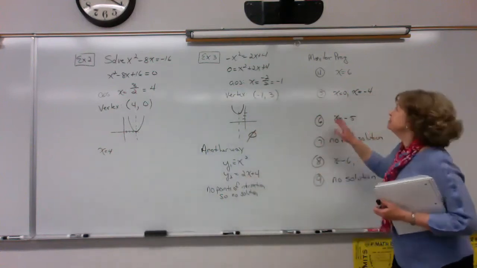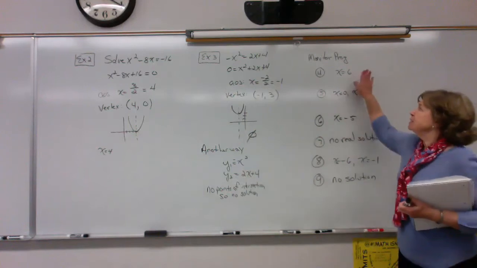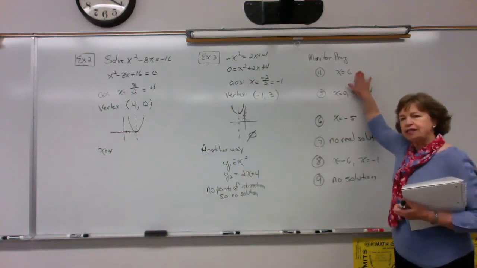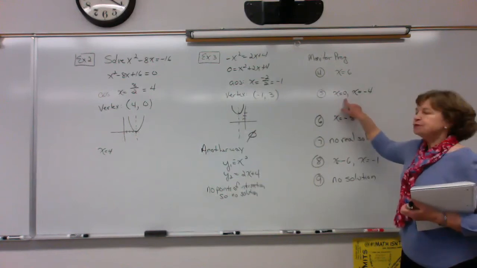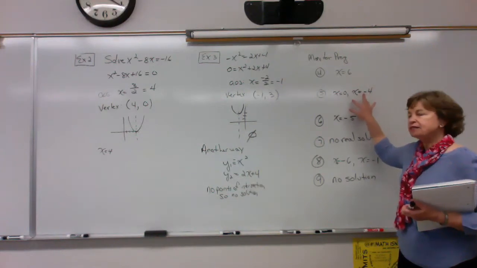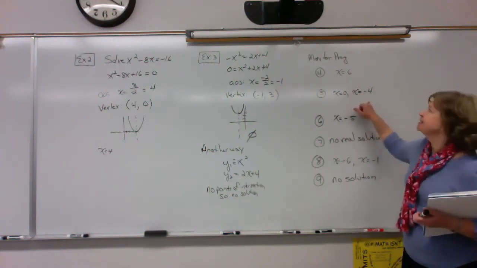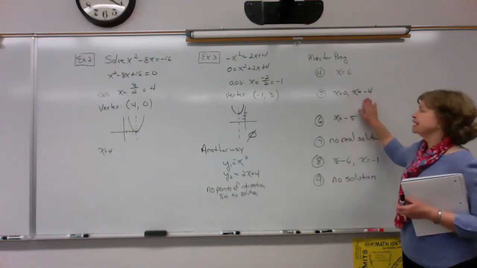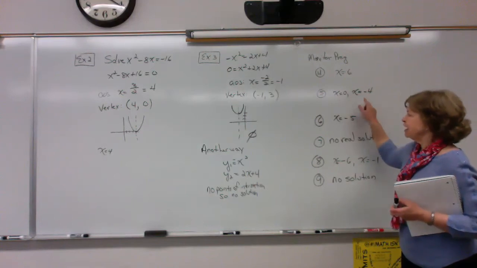So monitoring progress for number 4, you can pause here, go work them and see what you got. X was 6, there was just one distinct root. For the 5th one, x was 0 and x was negative 4. That's where that parabola crossed the y-axis at 0 and it crossed the x-axis at 0 and negative 4, which made that equation have a value of 0 when x hit those values.